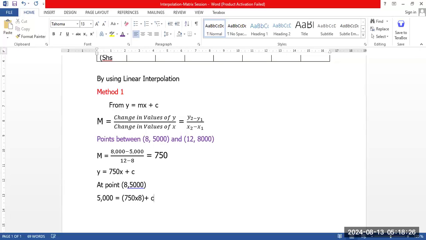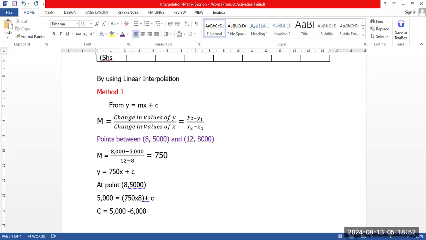Then plus C. So our C will be equal to 5,000 minus 750 times 8. What do we get? 750 times 8 is 6,000.